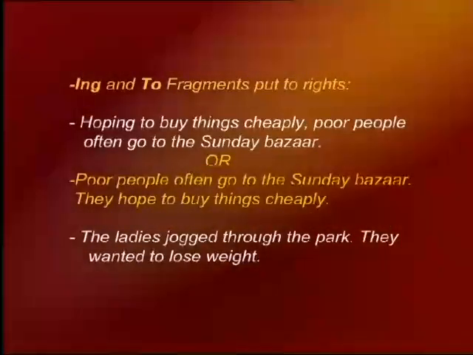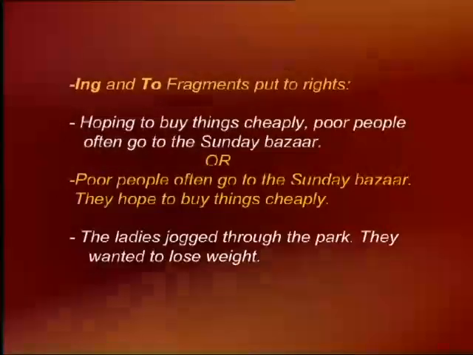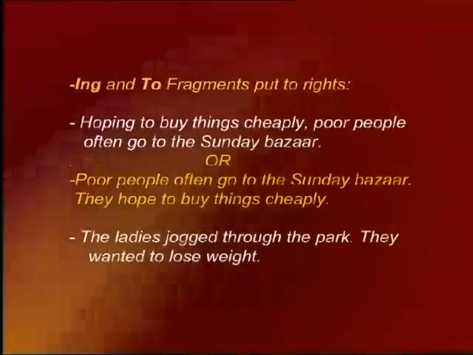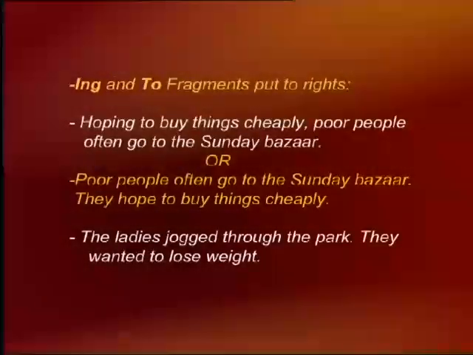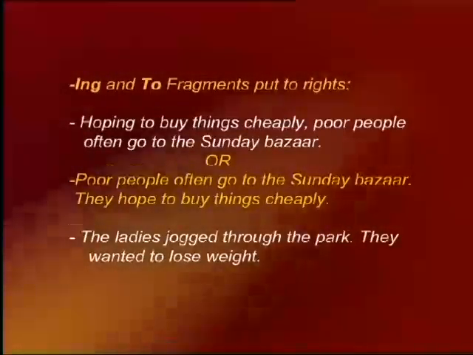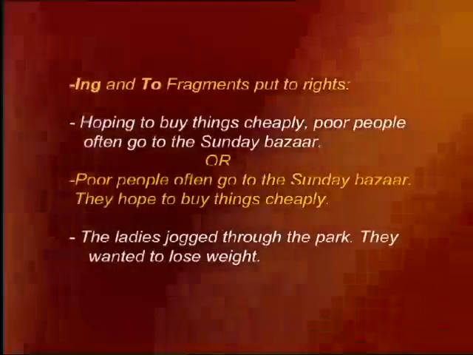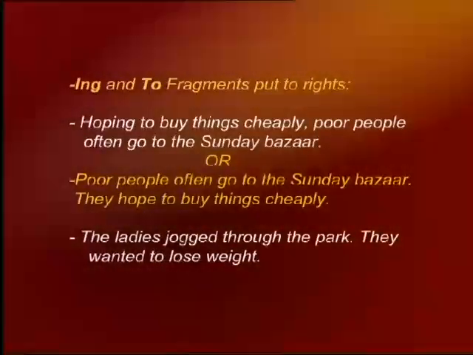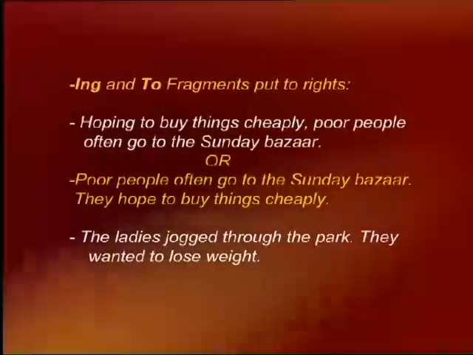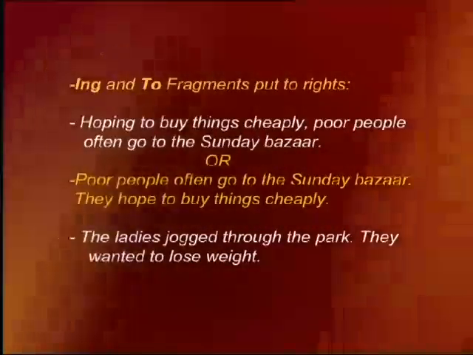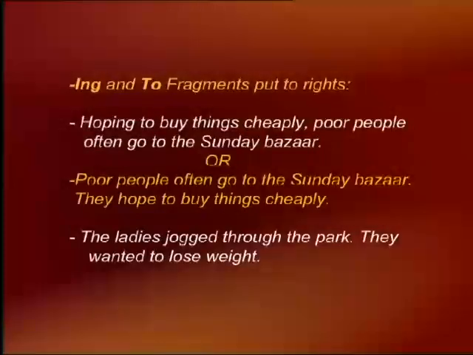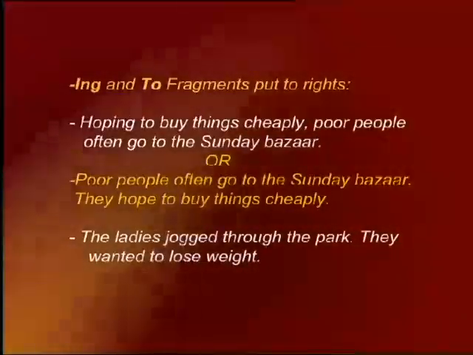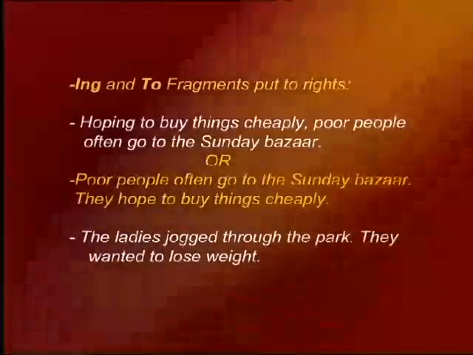They hope to buy things cheaply. What have you done over here? You have made it into an entirely new sentence. You've got one sentence, poor people often go to the Sunday bazaar, and the second part is a new sentence. You've added the subject they, and you've got the verb hope. They hope to buy things cheaply.